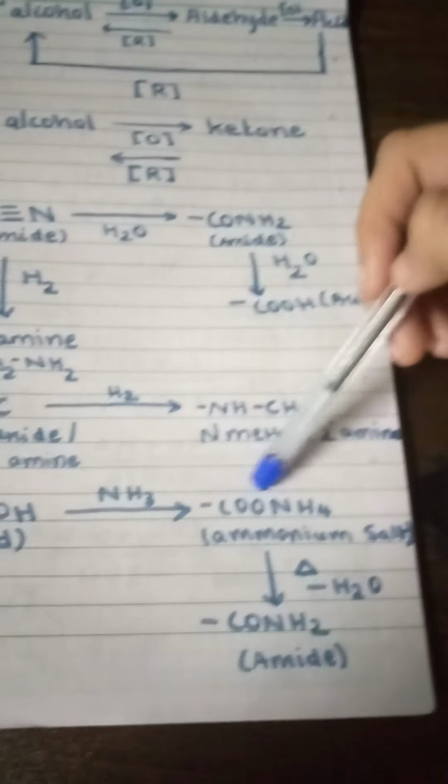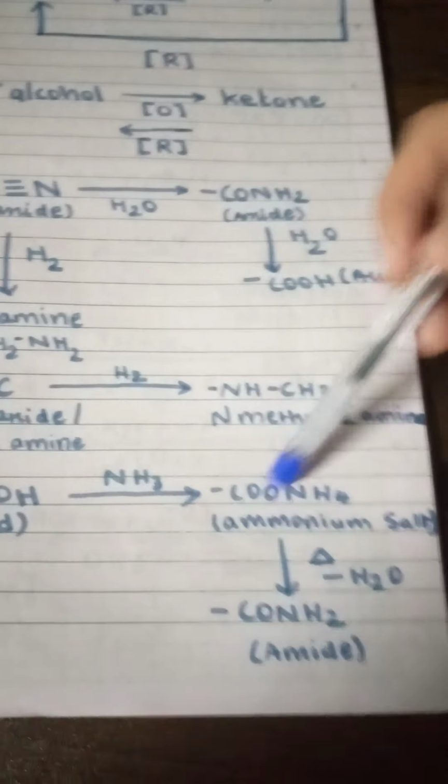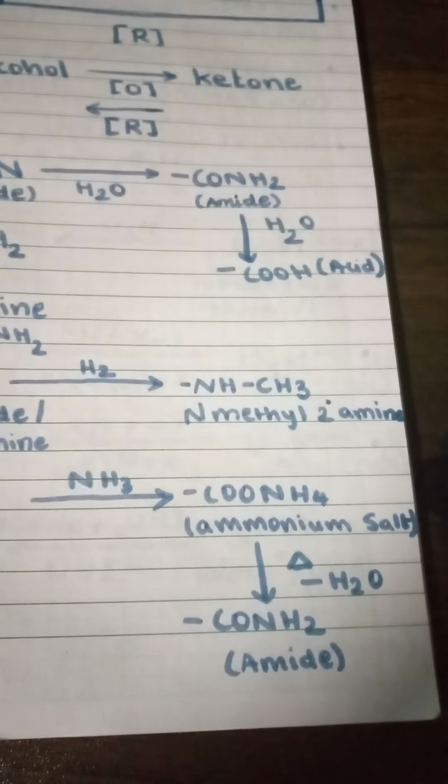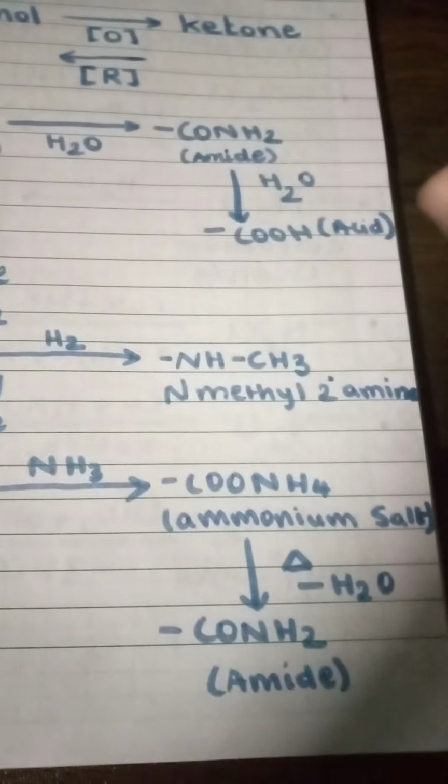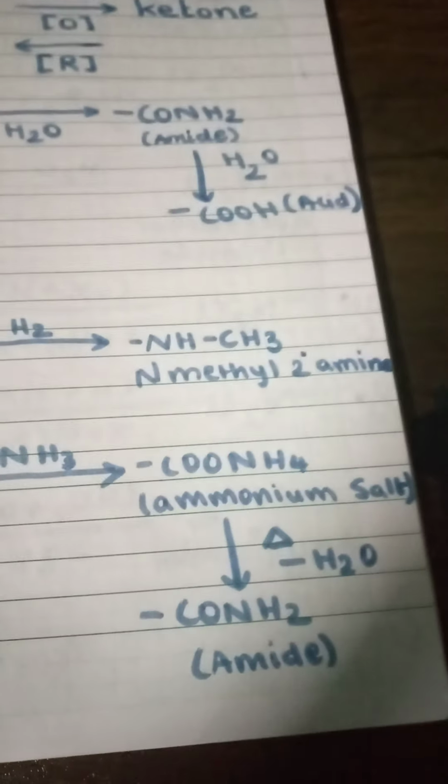Next, acid. Acid in the presence of NH3 will give me ammonium salt. NH4 is ammonium, and COO is the salt part. So ammonium salt, and if I remove the water, removing water is called dehydration. Removing hydrogen is called dehydrogenation.